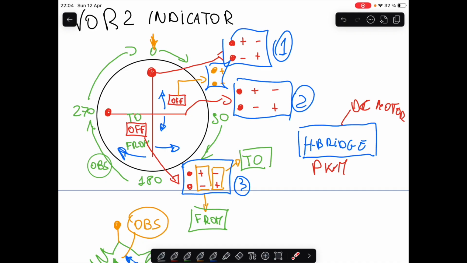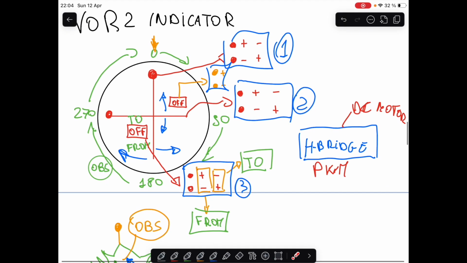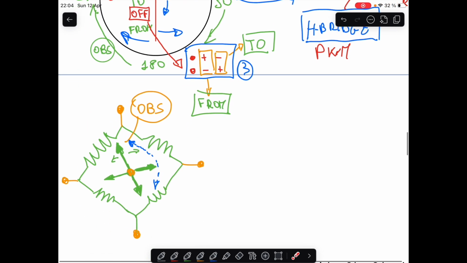What is more interesting to check how it works, in my opinion, is the OBS compass here. The first time I saw it and started measuring things, I was not really able to understand what was going on. I actually measured something like this. Basically I measured four resistors. I don't remember by heart what the resistor value is, but we're going to see that in more detail in a moment.